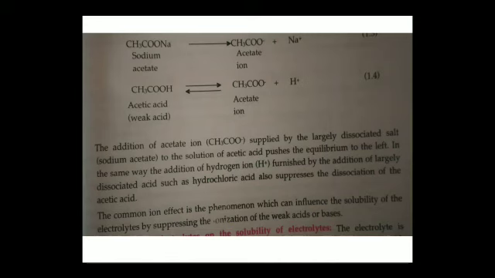Example, adding sodium acetate to the solution of acetic acid suppresses the dissociation of the acetic acid which is already present.